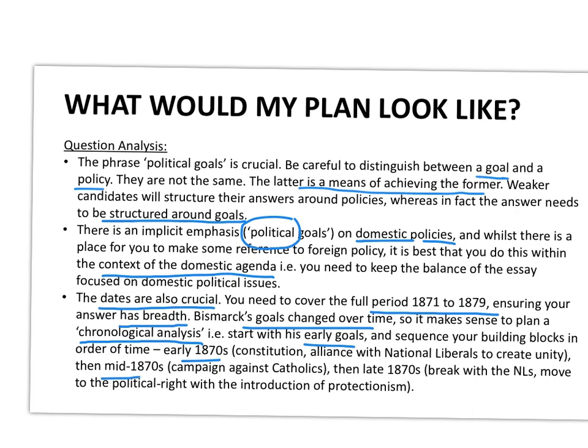Then move into the mid-1870s, which in particular is the Kulturkampf. And then in the final third of your answer, move to the late 1870s when he broke with the National Liberals and he moved more to the political right as part of the introduction of protectionism and as a result of that Sammlungspolitik and the alliance of steel and rye.